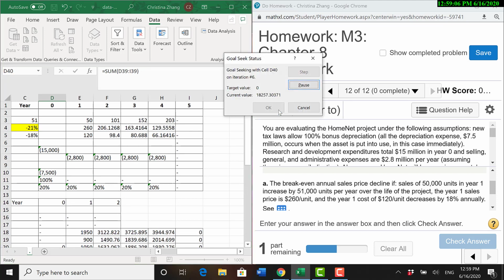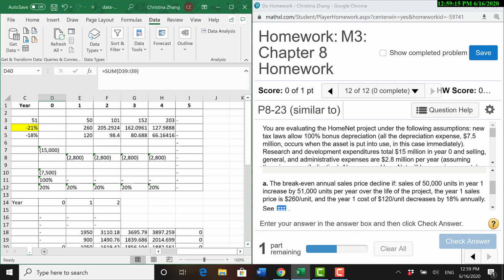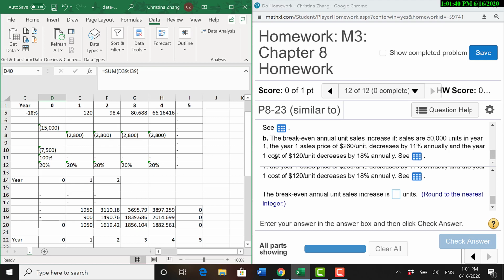And then I'm just going to let the spreadsheet work its magic, okay? So it's going to equal negative 21%, okay? Again, you can always click on the cell to see the decimal because the question really asks you to get the decimal points.